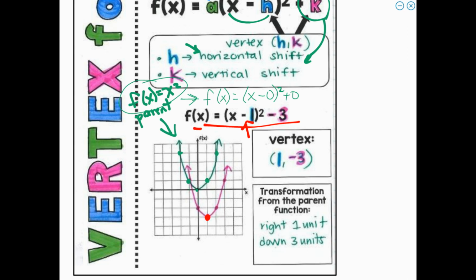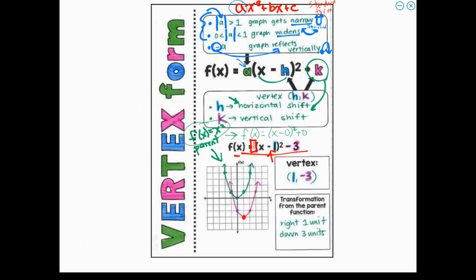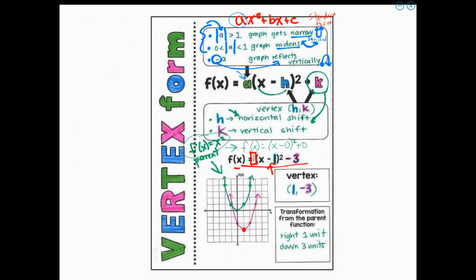Is there a number here in front of the parentheses for my A? 1. There's that invisible 1 there. Now, if you go back up to what we talked about for the A, notice how none of these things included 1.